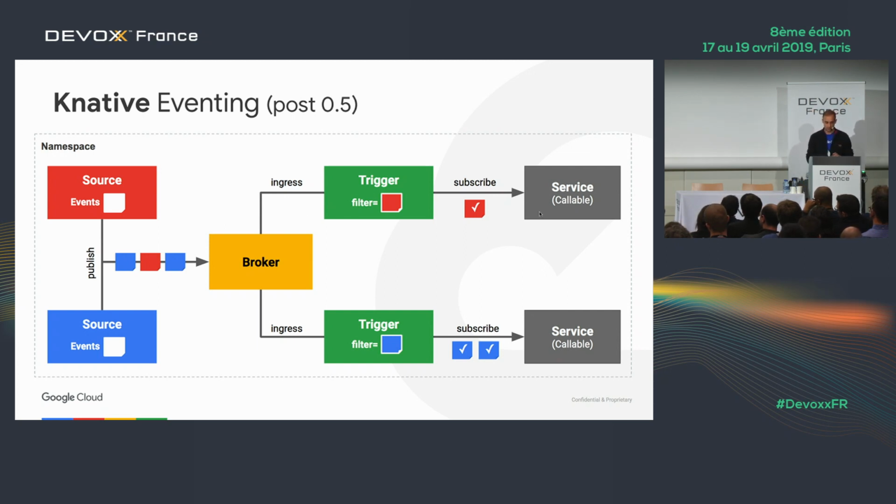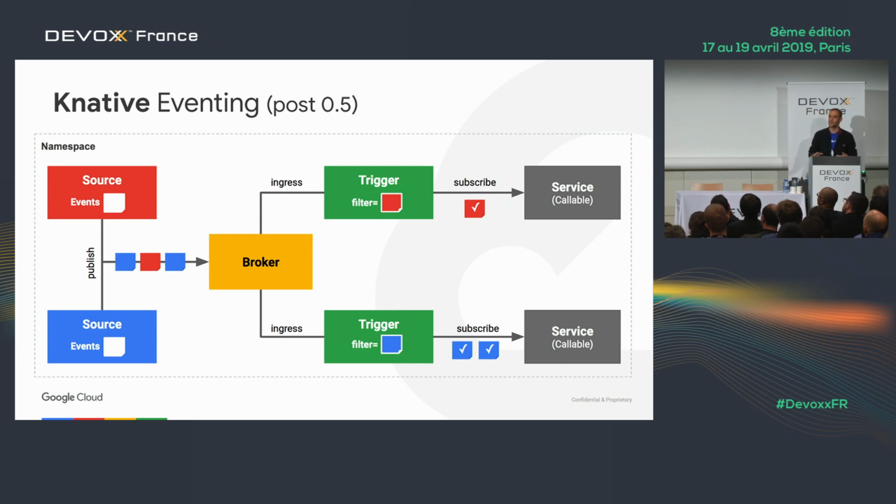Now, what's not clear to me is the relationship between channels and subscriptions and brokers and triggers. I went through the Knative docs and the code and everything. It looks like they're kind of similar. So some of it may be renaming, and some of it might be that they try to make this a higher-level abstraction, and under the covers they're still using subscriptions and channels.